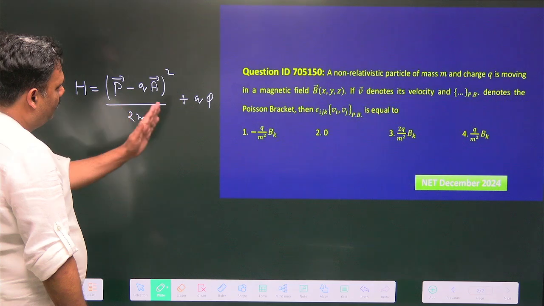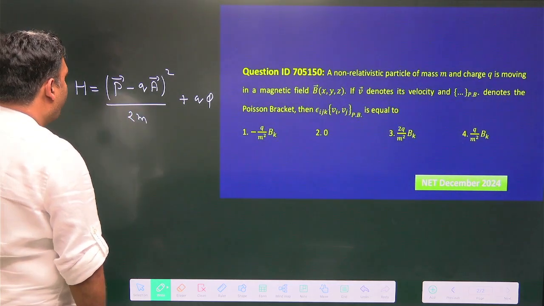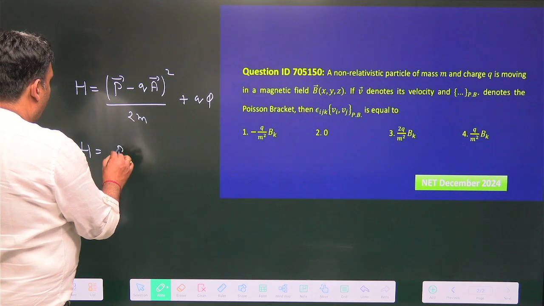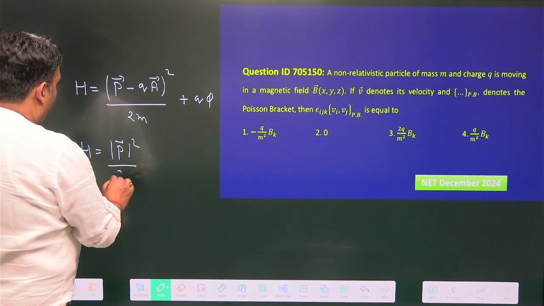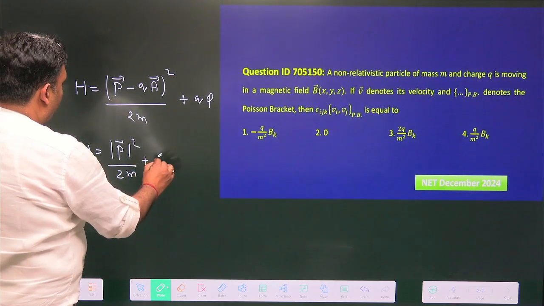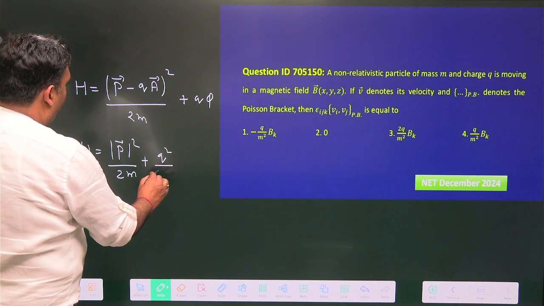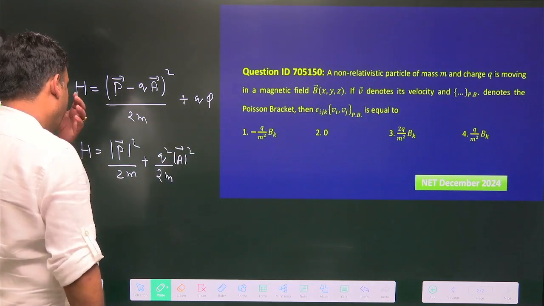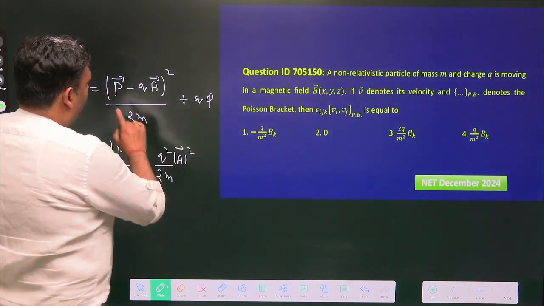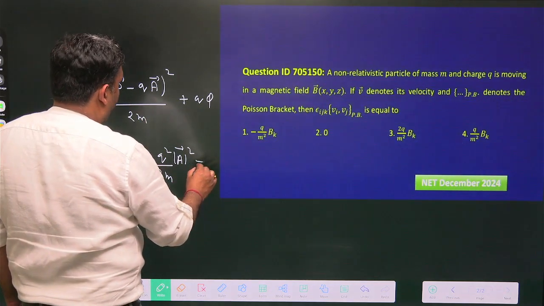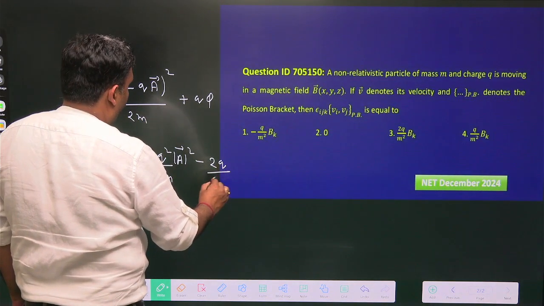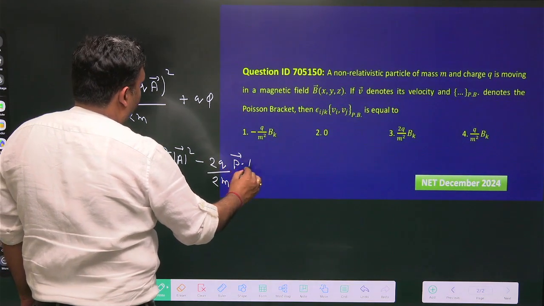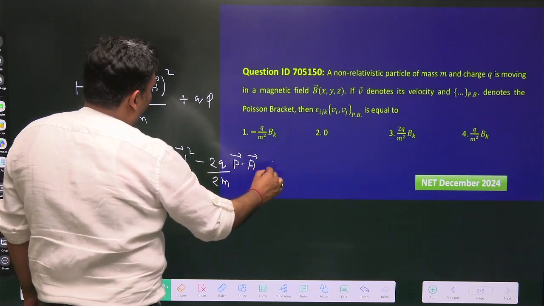We will just open up this Hamiltonian. When we open it up, we get mod P squared upon 2m plus q squared upon 2m mod A squared, and then a cross term, minus 2q upon 2m, P dot A, plus q phi.